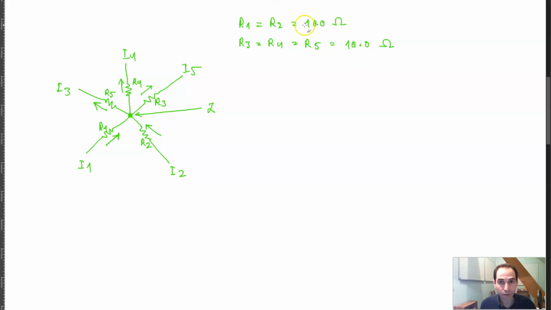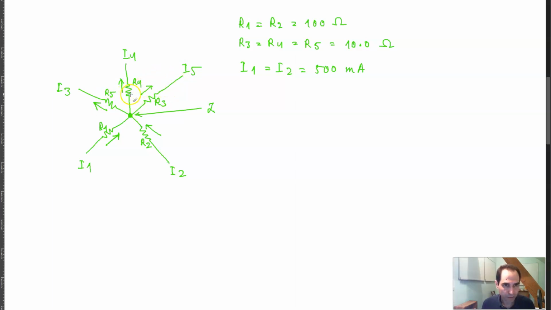That means that through R1 and R2, these two currents are 500 milliamps. So I1 is equal to I2 is equal to 500 milliamps. And the question that you want to answer is, what is the current through any of the 10 ohm resistors, these three resistors, assuming that the current is equally distributed among these three resistors.